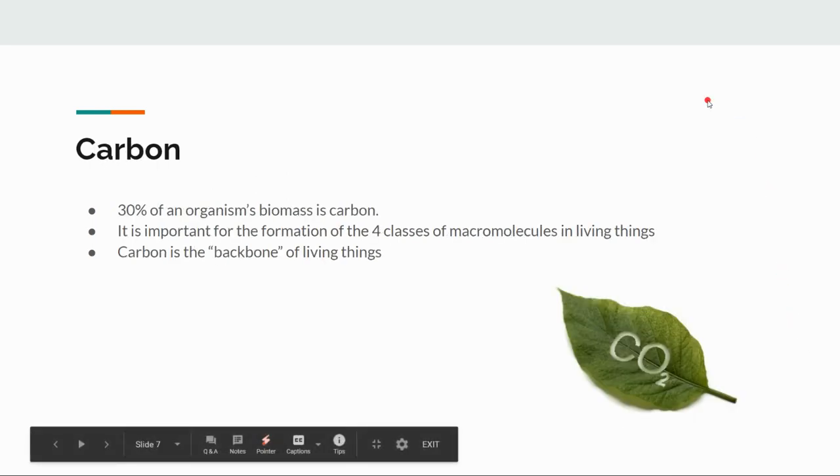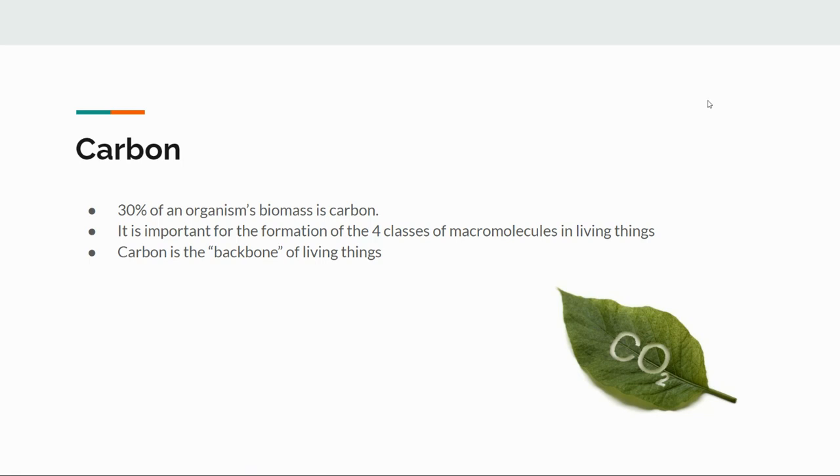So carbon, 30% of an organism's biomass is carbon. It is important for the formation of the four classes of macromolecules in living things. Carbon is the backbone of living things, and the reason is because it can make long chains with itself, which allows a lot of different things to combine to it.